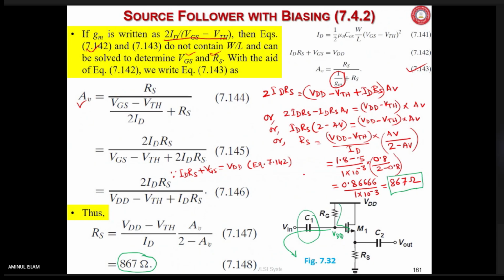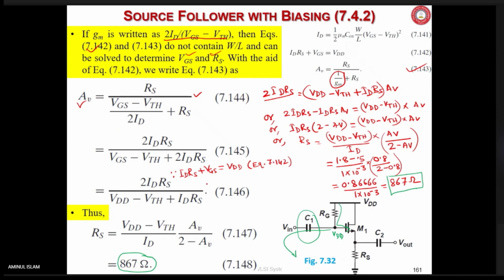If not understood, follow me here. 2ID RS equals VDD minus VTH plus IDRS into AV. Is it possible to write? This equation can be written or not? This is the gain of the amplifier.